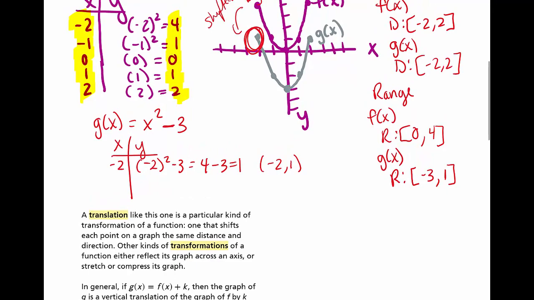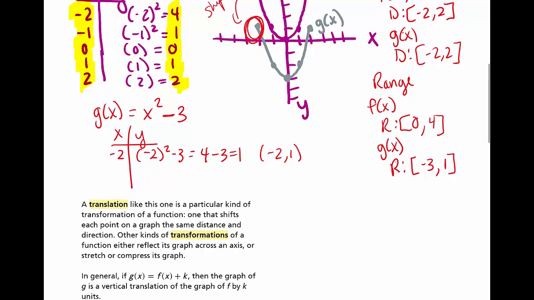A translation, so here's some verbiage for you. A translation like this one is a particular kind of transformation of a function, one that shifts each point of the graph in the same direction. So it could be up, and it could be down. So for the case that we're talking about. Other kinds of transformations of the function can reflect across the x-axis or stretch or compress.